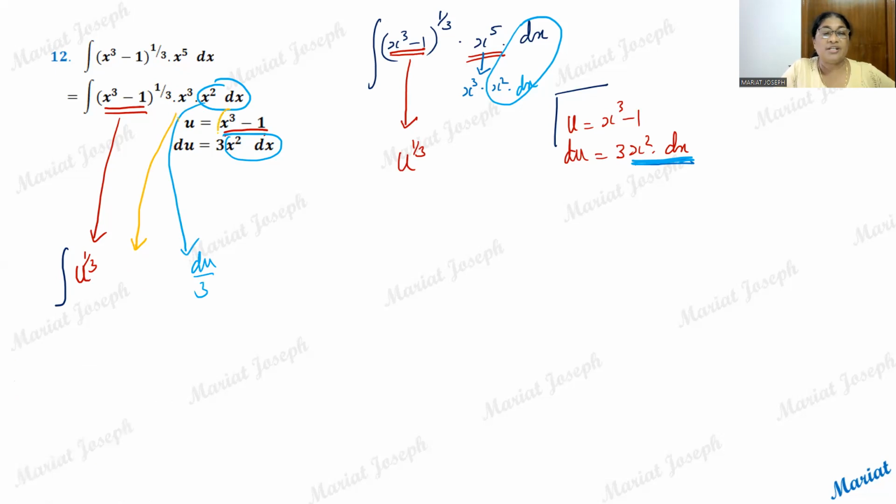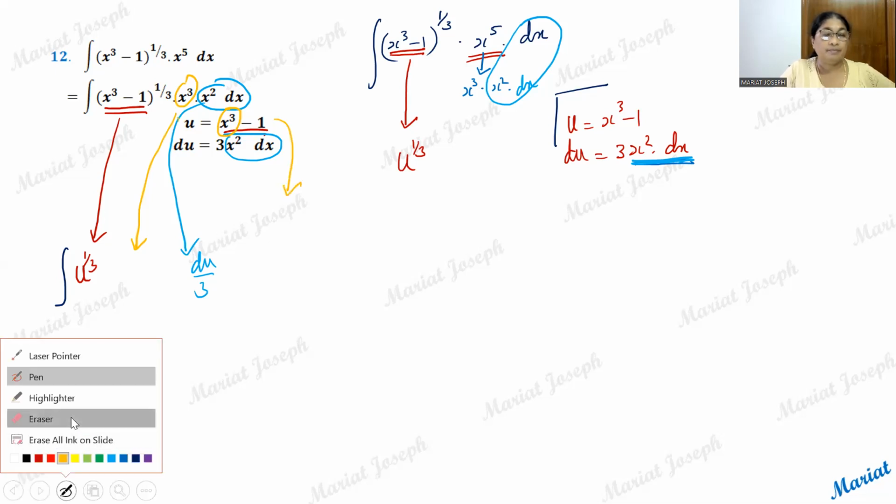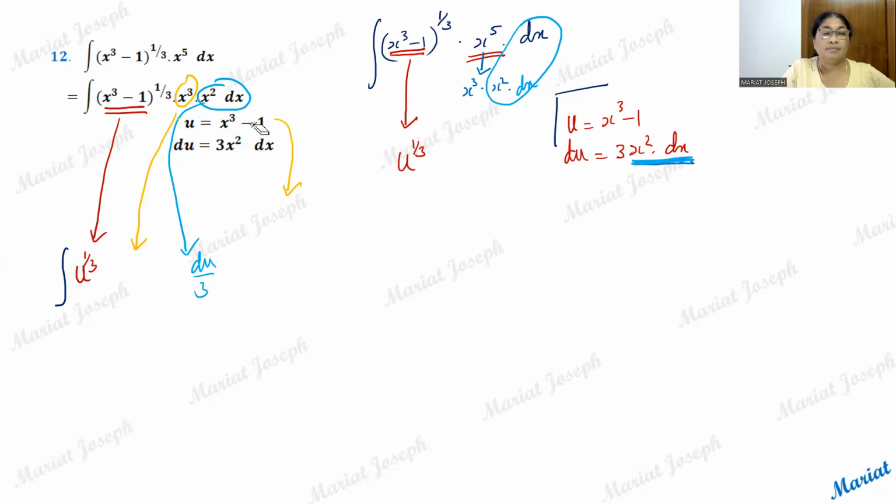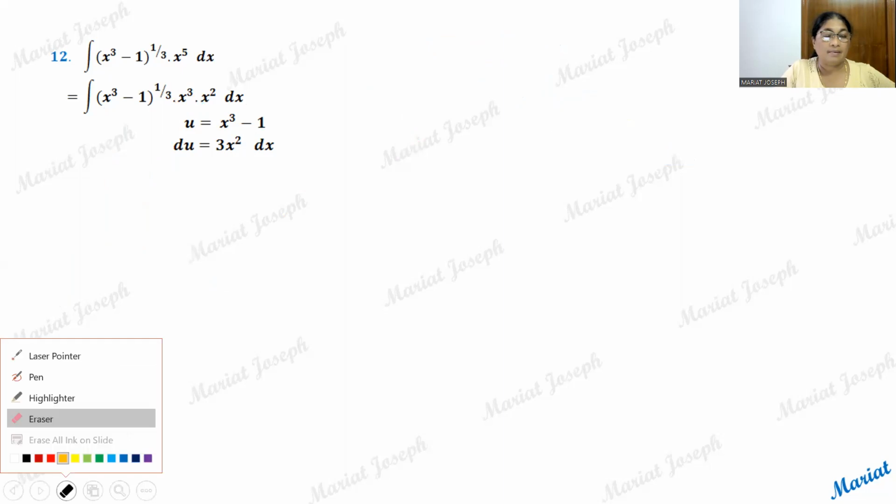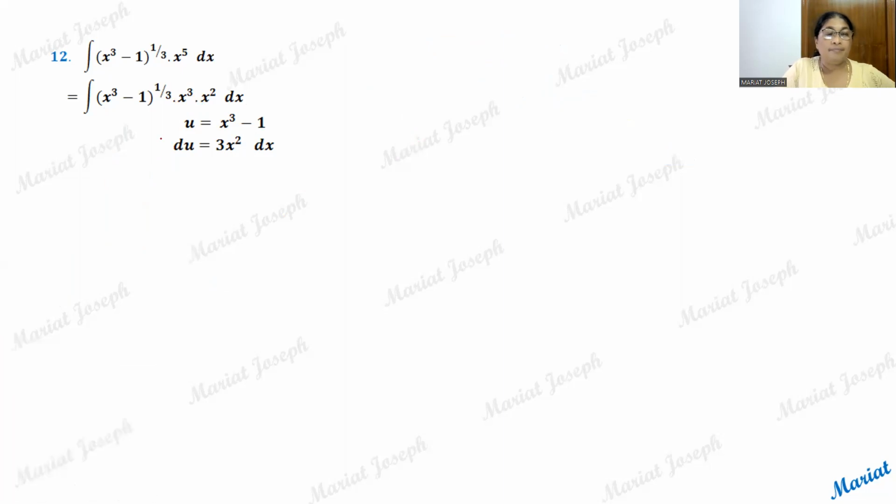From the substitution itself, change what is x cube. What is x cube from here? Isn't it u plus 1? I mean, x square minus 1 is the substitution.